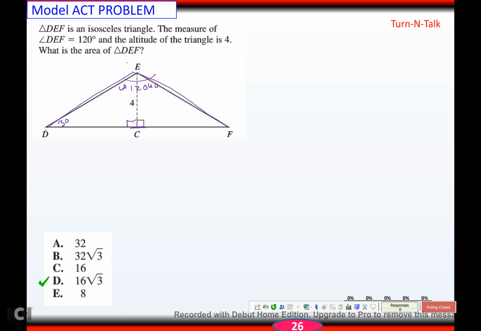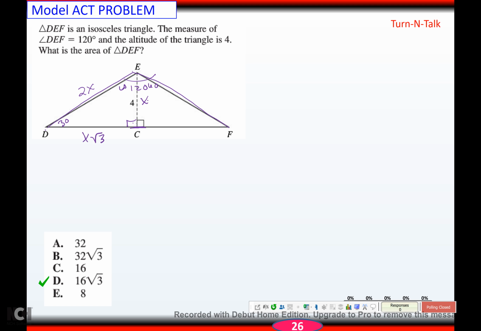This was 30, this was 60. So this would be the short side. This would be the hypotenuse, so that'd be 2x, and this would be x square roots of 3.